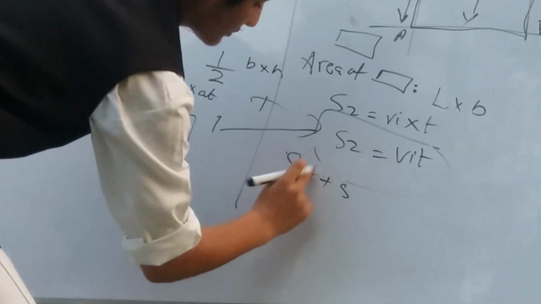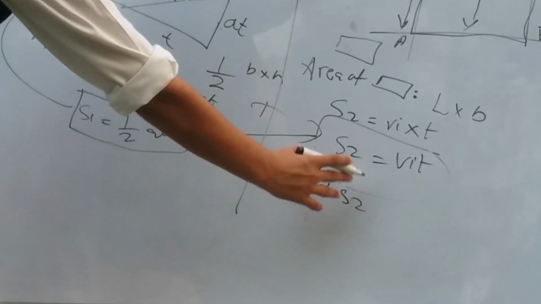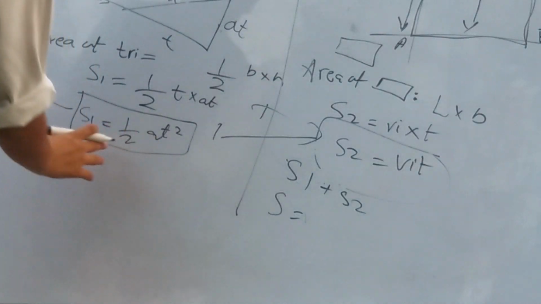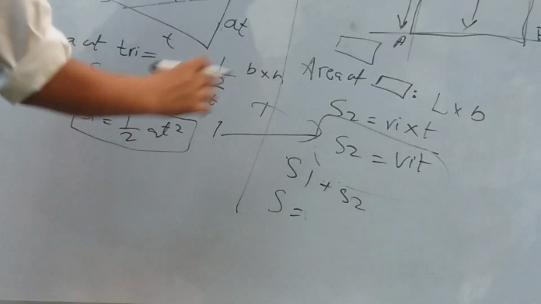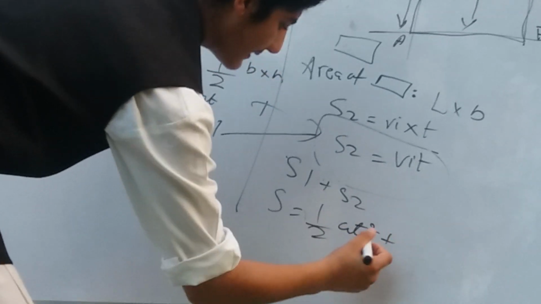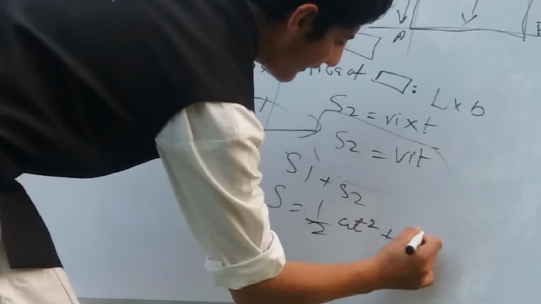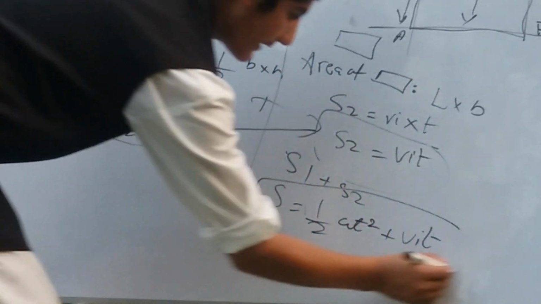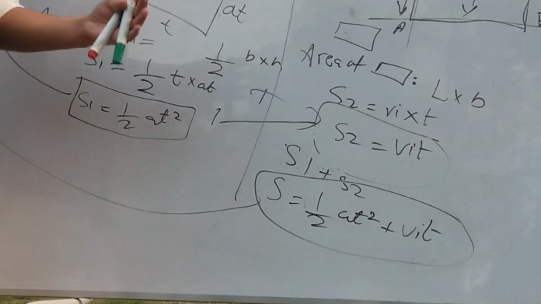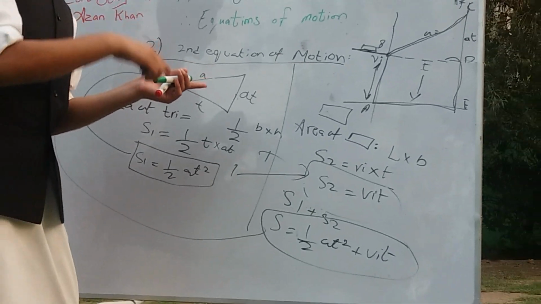So S, the whole, is equal to 1 divided by 2 at square plus Vi t. This is the second equation of motion. I hope you are able to get a great understanding from my explanation of the second equation also.